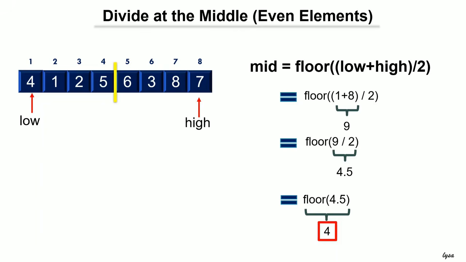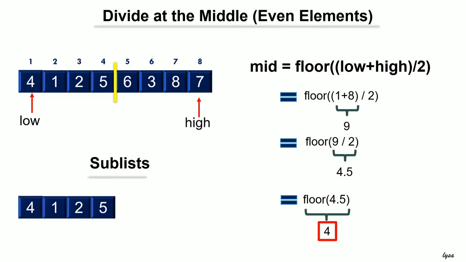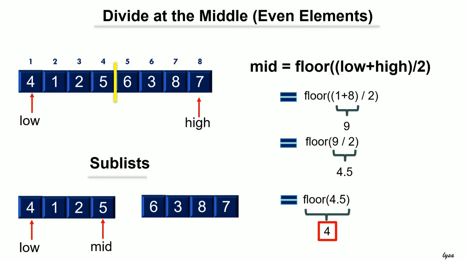Now that my mid value is 4, I have to divide it into two sublists in such a way that the left sublist is from low to mid and the right sublist is from mid plus 1 to high. In other words, the first list is from index 1 to 4 and the second list is from index 5 to 8.